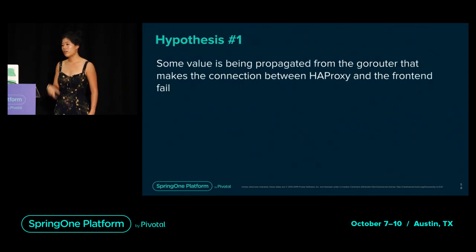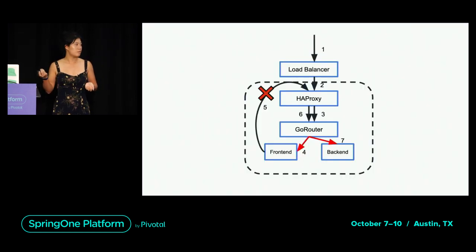So our first hypothesis was that some value is being propagated from the Go router that made the connection between the HAProxy and front end fail, if changing a value from the Go router fixed the connection between the HAProxy and front end. So again, some value being propagated from the red arrows here was fixing this failing connection.